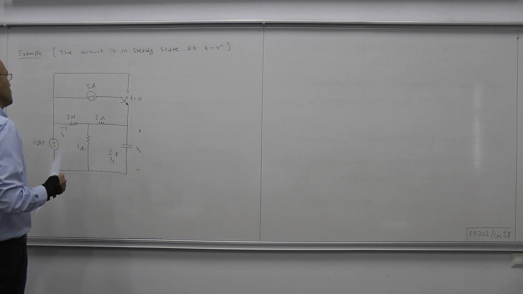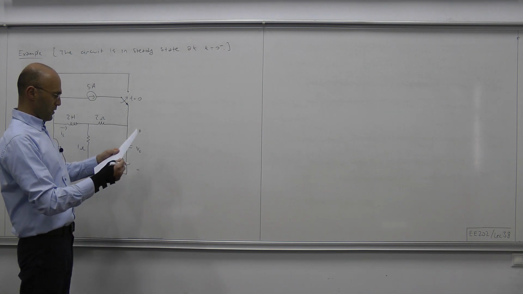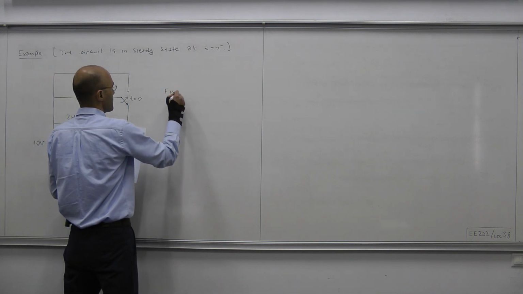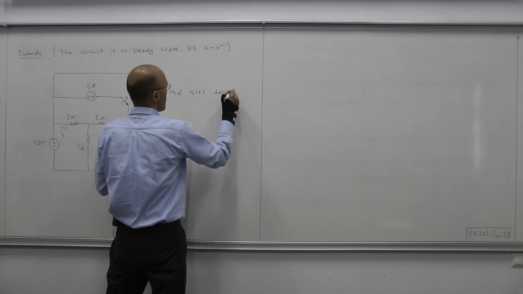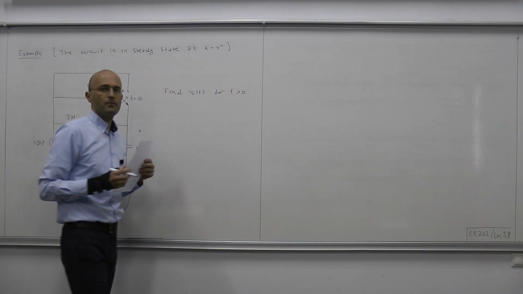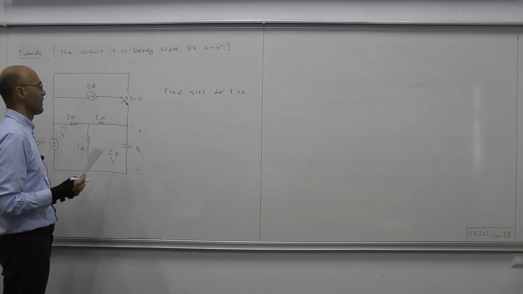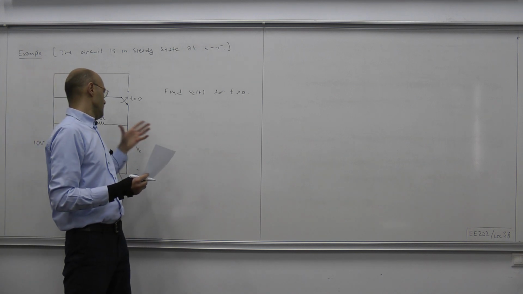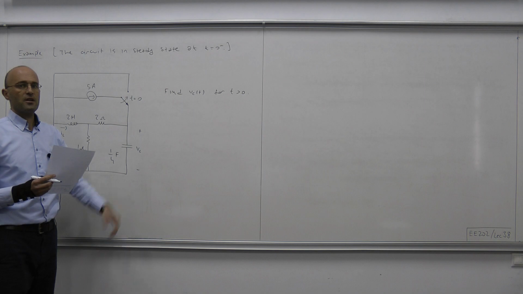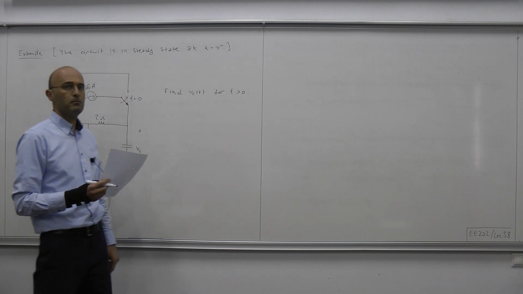So what we are asked is to find VC(t) for t positive, so after the switch moves to the top position.